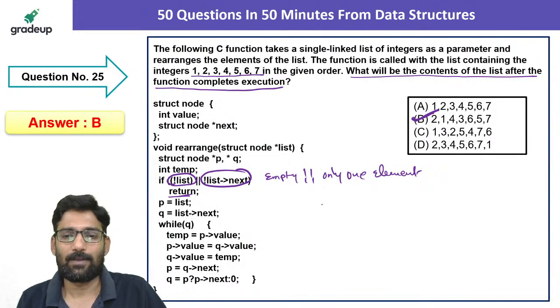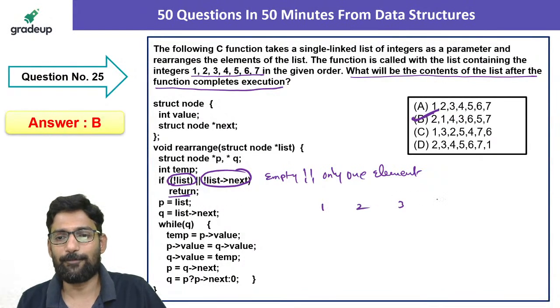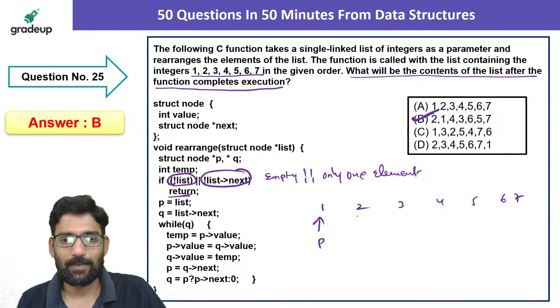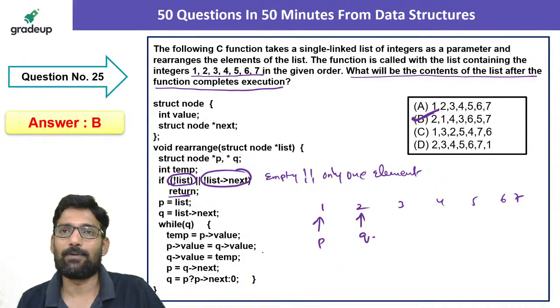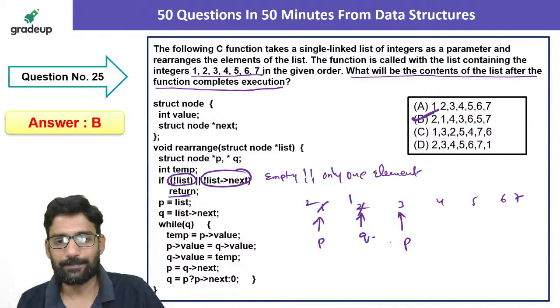Now we have 1, 2, 3, 4, 5, 6, 7. Here is P, here is Q. While Q is non-null, temp equals P value, P value equals Q value, Q value equals temp. So using temp, we are exchanging the P and Q values. P equals Q next, Q equals P next if P is not null.